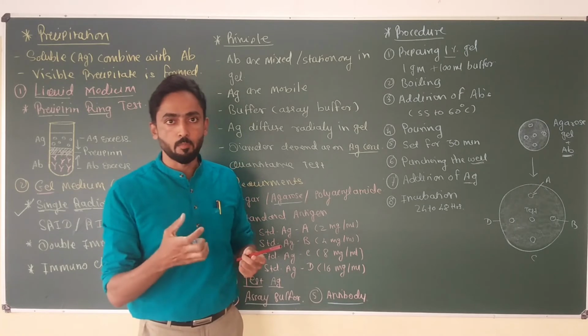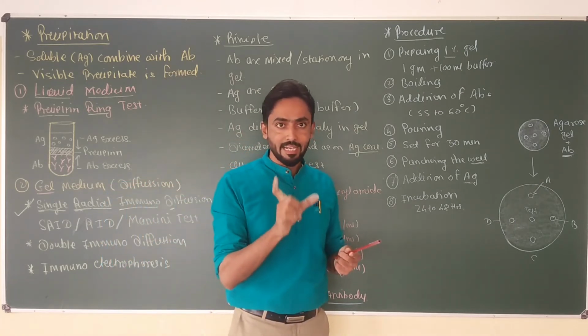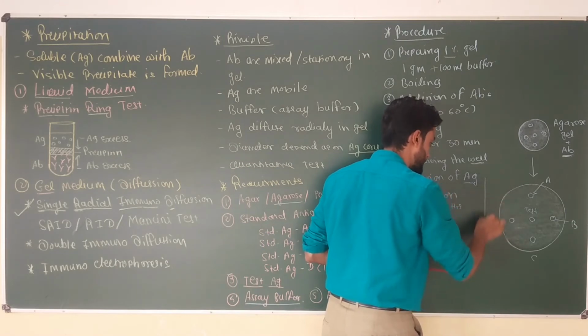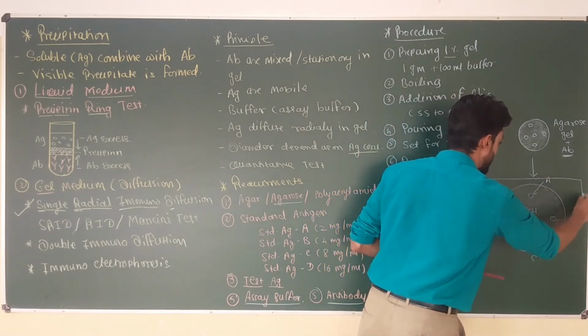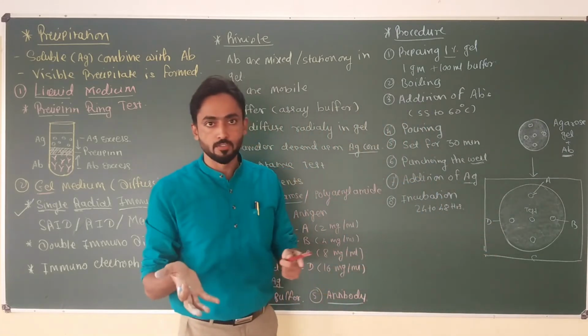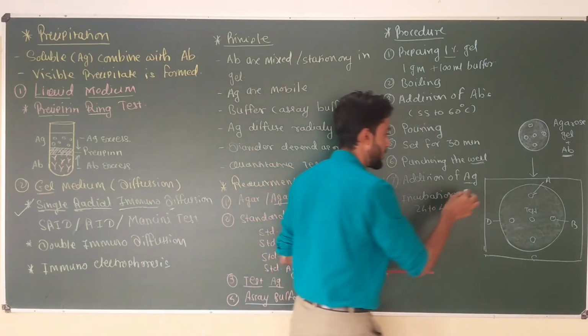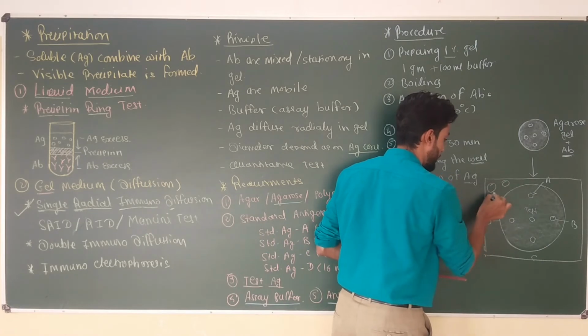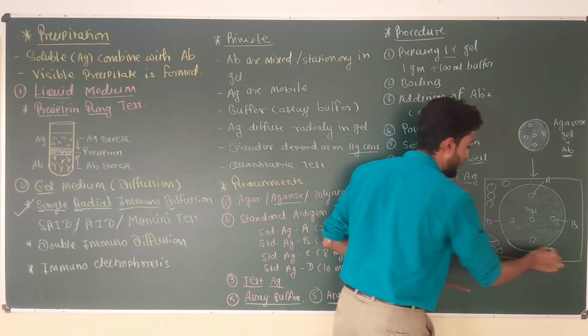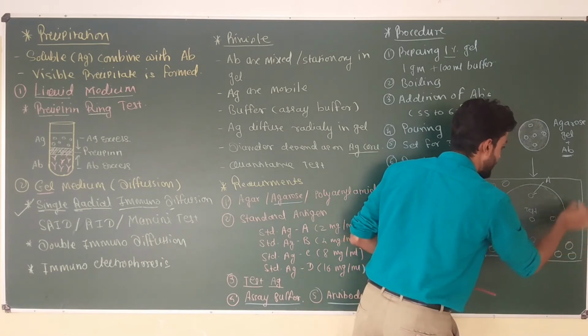If a moist chamber is not available in the lab, you can simply keep this plate in a chamber like a plastic box, and the box should contain cotton balls soaked in glycerol.